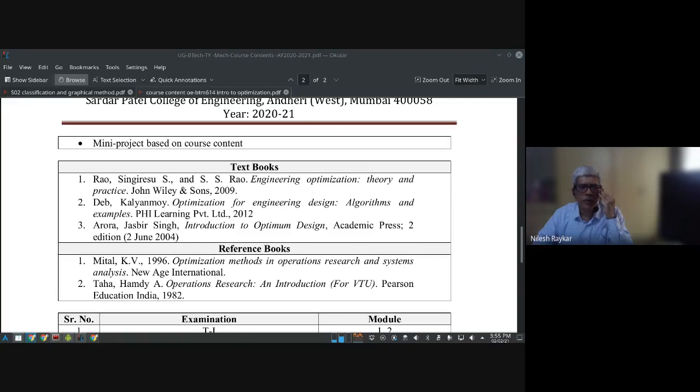These problems cannot be solved manually. Even though you know the method, you cannot solve them by hand. You must have the skill to write your own programs to solve your optimization problems.